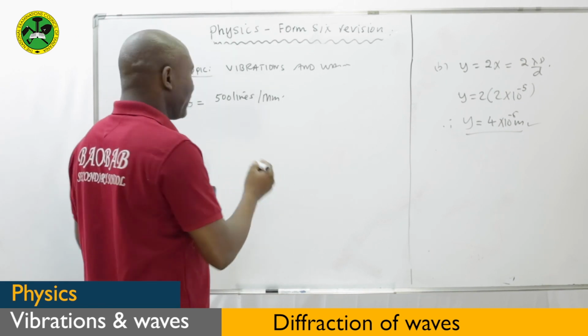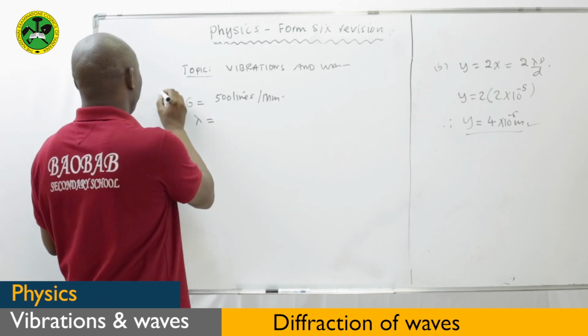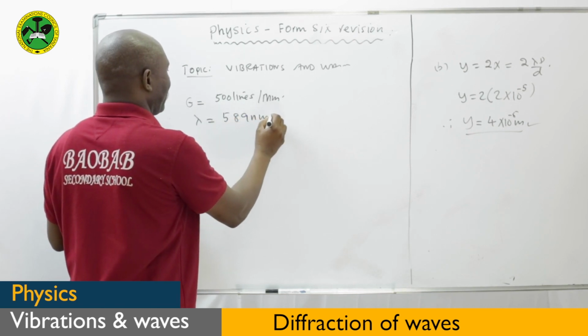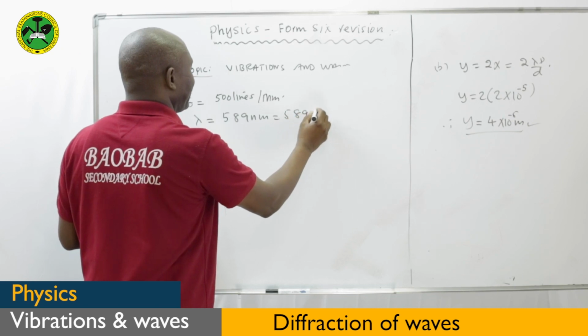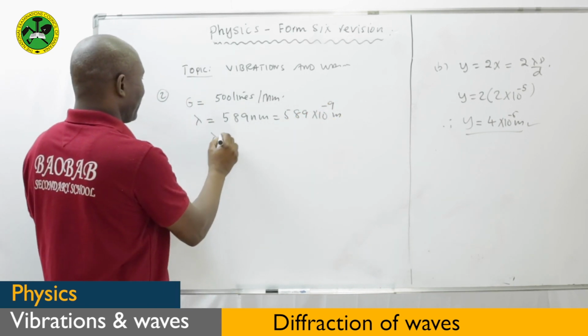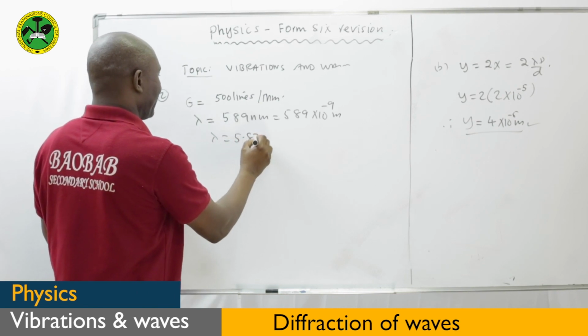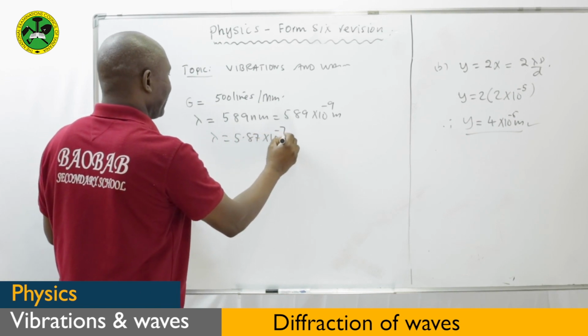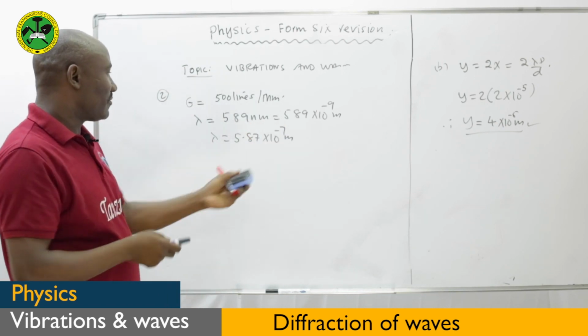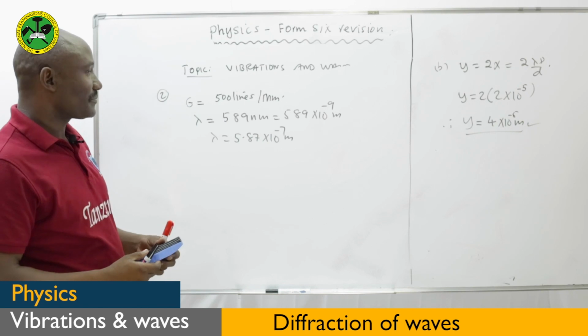But we have the wavelength given as 589 nanometer. That is 589 times 10 negative 9, or you can convert it to 5.89 times 10 negative 7. You should be comfortable with these units. Nano means times 10 power negative 9, converting to meter.